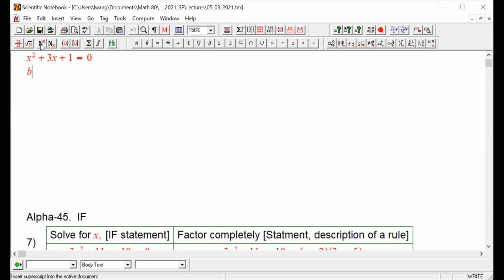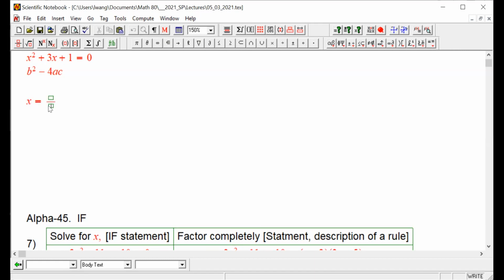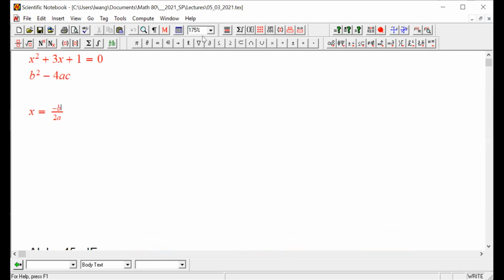First I will be using b squared minus 4ac. We know that this is something we use in the quadratic formula. I prefer this kind of steps. I will explain to you why in time.